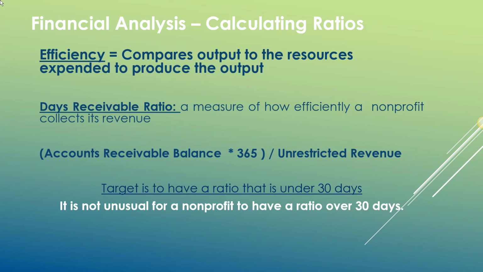But there are other organizations that have government grant contracts that they bill for every month. So in that particular case, looking at a ratio such as this might be helpful in determining how quickly those government institutions are paying the nonprofit organization.